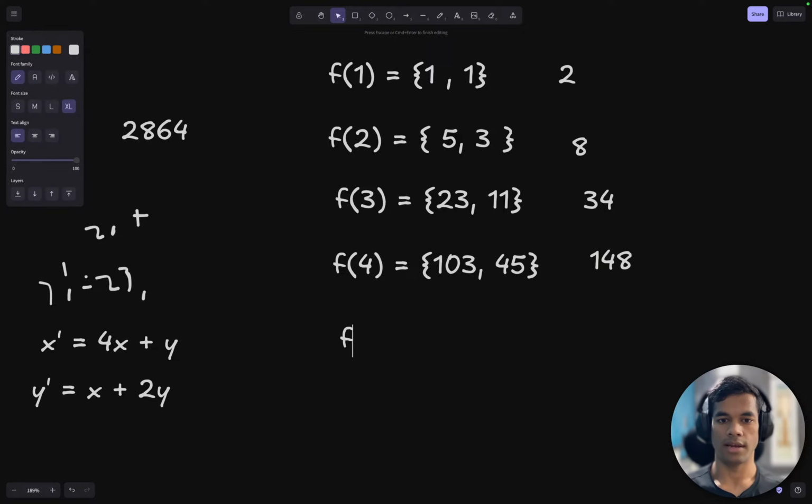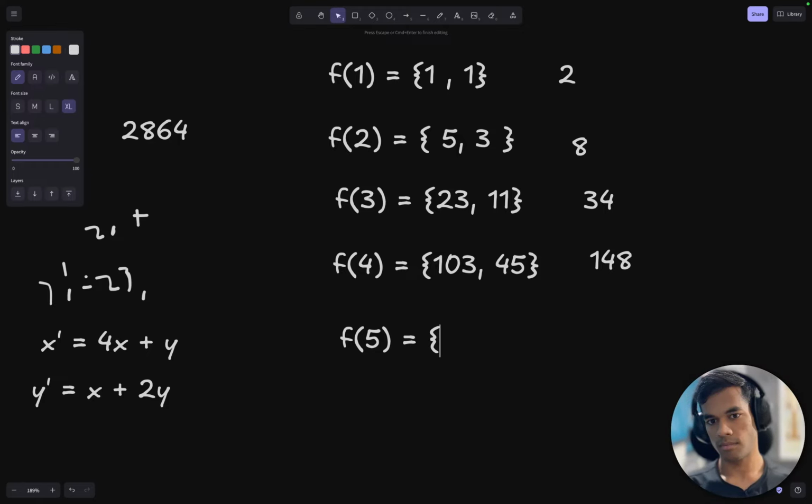Okay. And then F5 would be 412, because times 4, 412, 4, 5, 7, comma 193.